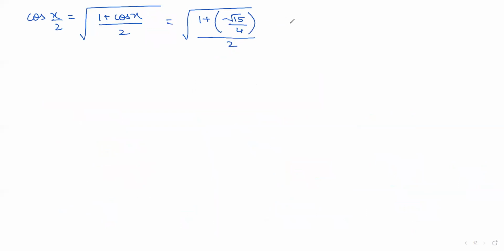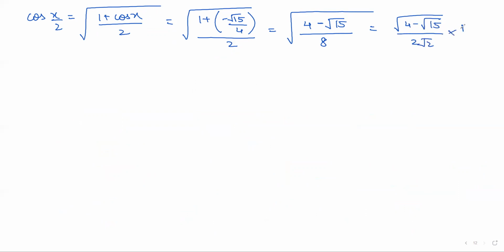So this is equal to root of, again 4 will come over here, (4 minus root 15) upon 8, because 4 will come in the denominator. This is equal to root of (4 minus root 15) upon 2 root 2 into root 2 upon root 2. This is equal to root of (8 minus 2 root 15) whole upon 4.